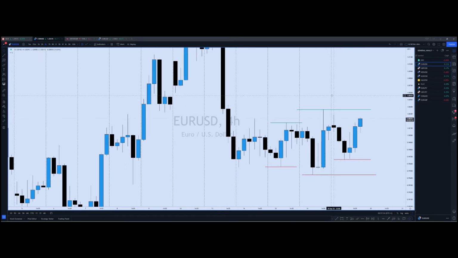Well, if you look at it from a technical standpoint, or from the way our master has taught us, there was a raid on the downside and price expanded up, but there was no raid on the upside. There was a raid on the upside, but we didn't get a similar expansion like we did down here.